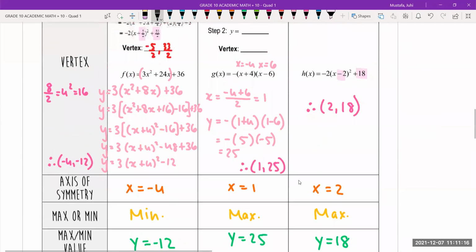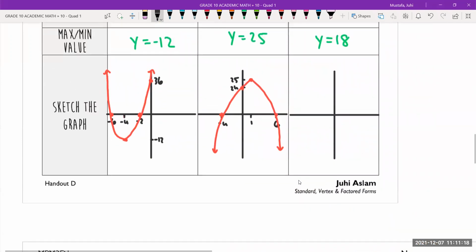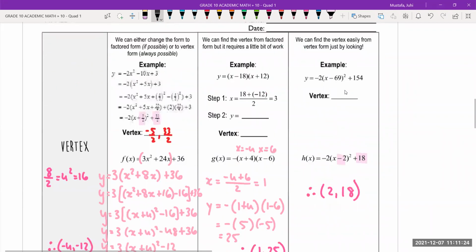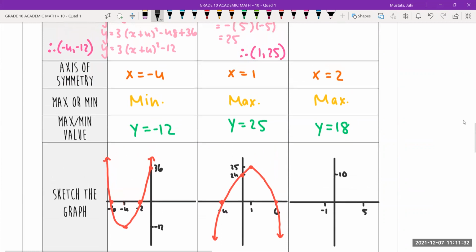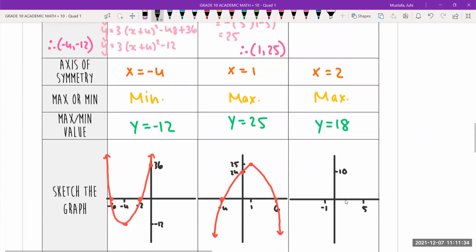All right, last question. So 0, 10 is my y-intercept. So I'm going to put that here. My x-intercepts are 5, -1. So 5 is like here and -1 is there. And my vertex in this question is 2, 18. So 2 is here.